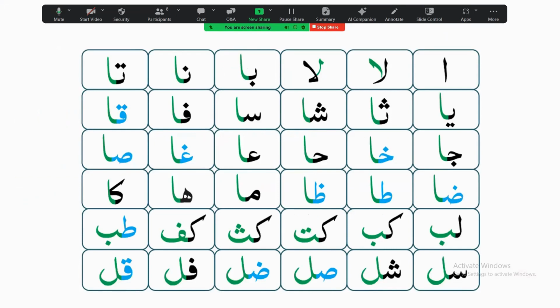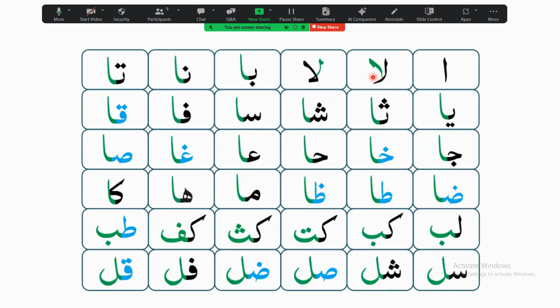Okay, so the first here is an individual letter, which is Aleph. We have already done this. Let's see the second one. The second one is Lam and Aleph, La. The Lam letter is joined with the next letter, which is Alif here.